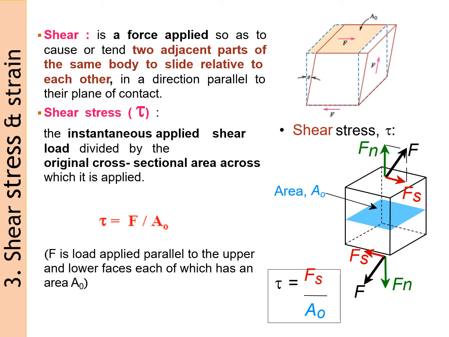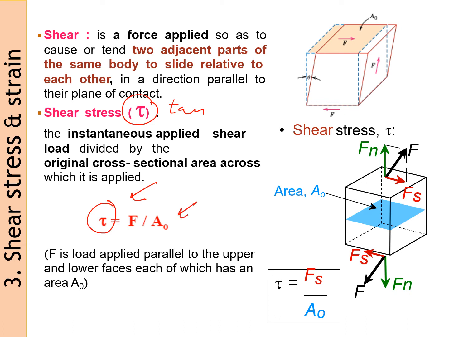This is denoted by the shear stress, which we call tau. It is the instantaneous applied shear load divided by the original cross-sectional area across which it is applied, so tau is the force applied over the original cross-sectional area.